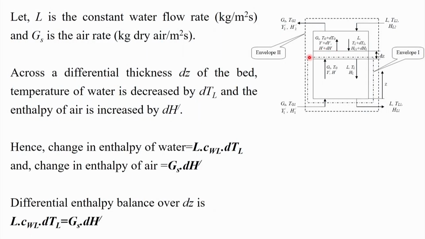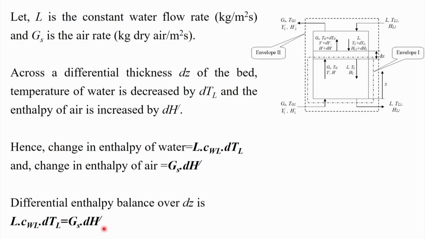And across this thickness dz, the change in enthalpy of the water will be L into Cwl into dTL, and the change in the enthalpy of the air will be Gs into dH prime. So, in that dz zone, or with this slice, the differential enthalpy balance over this dz will be L Cwl dTL is equal to Gs into dH prime.